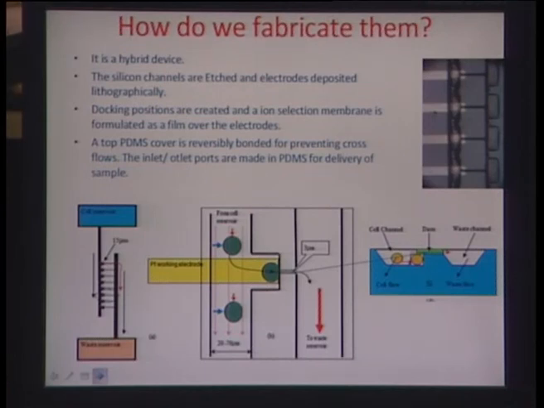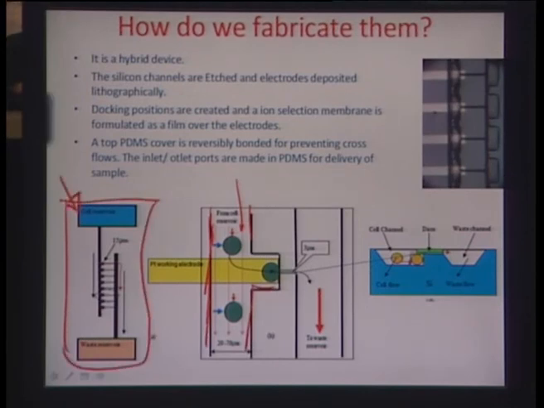Okay. So, how do we fabricate some of these devices to make the positioning of the cell? It is very interesting that you basically make a channel here in this particular form in a silicon in a manner that is shown like this. Okay. So, this essentially is the top elevation of the device. So, you have a cell reservoir on one side, these are all microscopic features, and you have a transportation channel which is blocked here at this particular end. Okay.